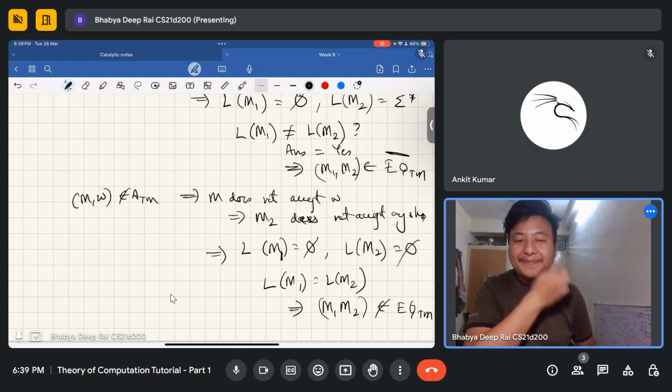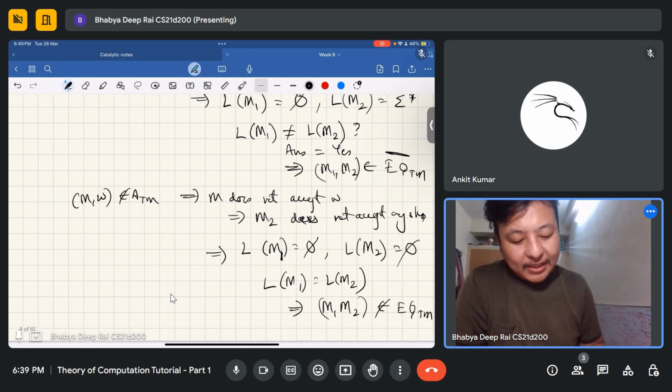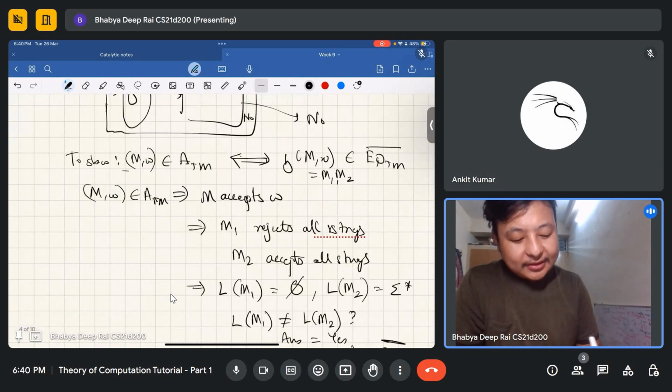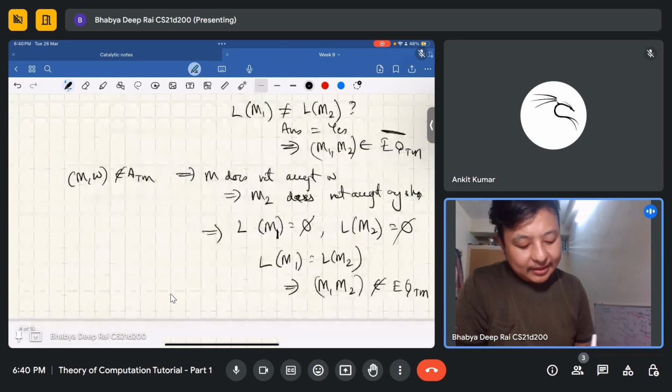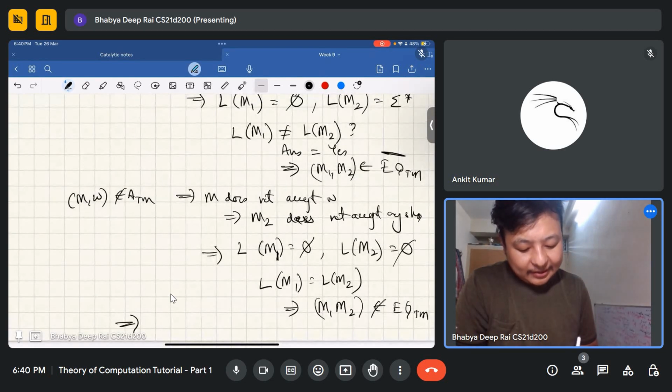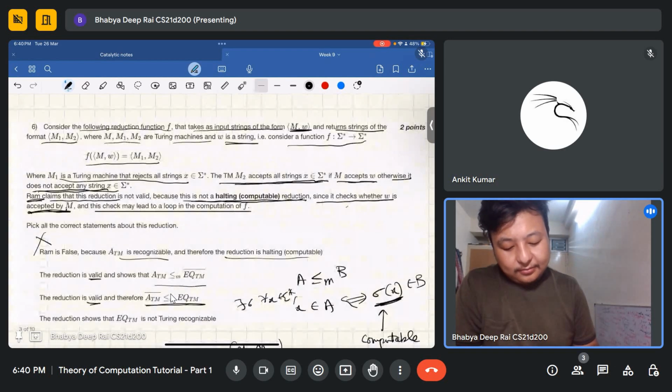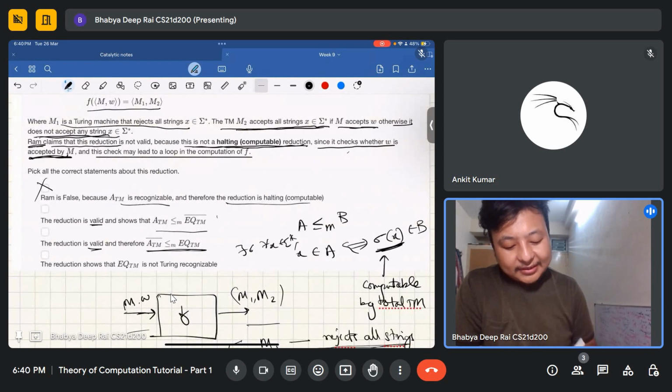You've shown that it reduces. So what does it mean? This means that ATM reduces to EQTM bar. This is correct.